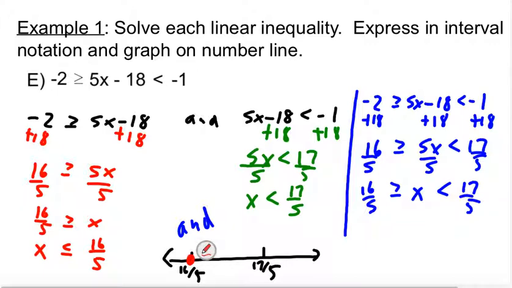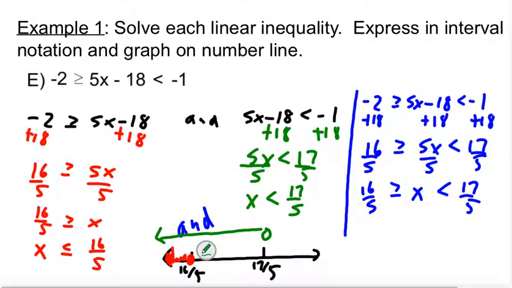It's less than or equal to it, so I'm going to shade in to the left since it's less than. And then my other one says that x is less than 17/5. So I'm going to go above the line so you can see what's going on. That has to be an open dot. And then we're shading in to the left because it's also less than.